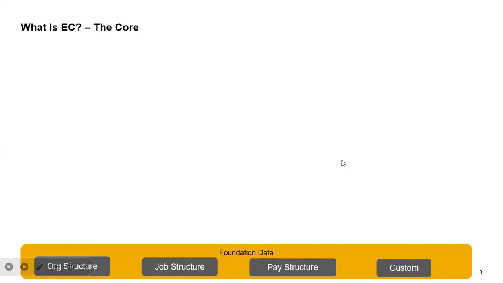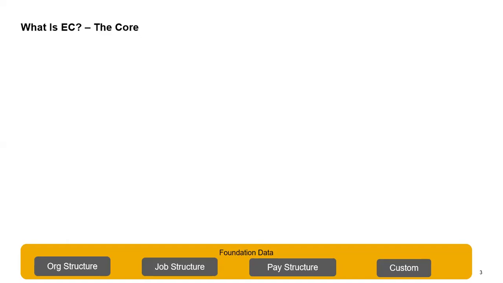After pay structure, we will have some custom structures also. It means if somebody wants to make some custom objects in SuccessFactors, we can leverage that to make custom objects on the foundation data. As of now, we have the basics: the org structure, job structure, and pay structure.